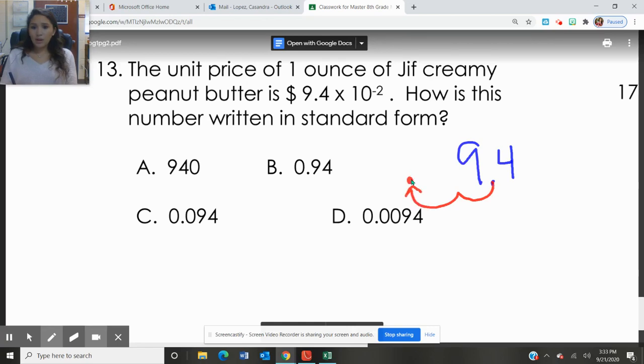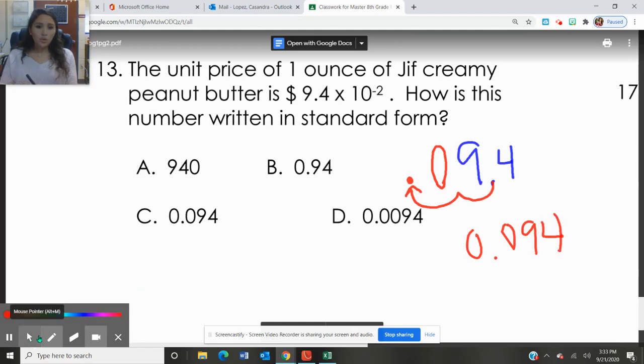So my new decimal place is right here. And if there's not a number in this spot, then 0 takes its place. Okay? So now my new number is 0.094. Okay? So the correct answer is going to be C.